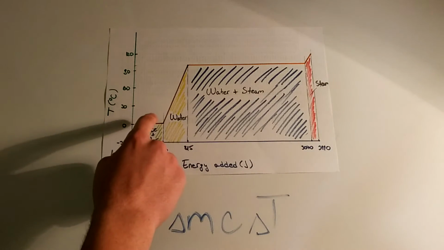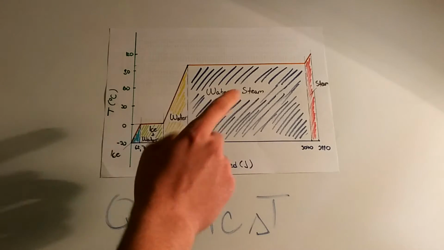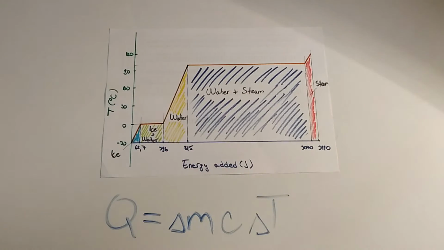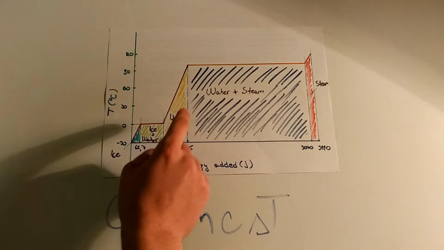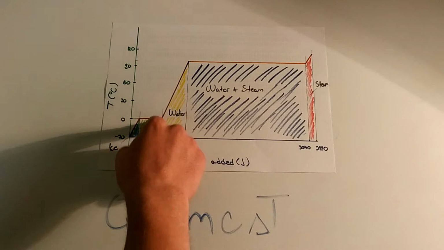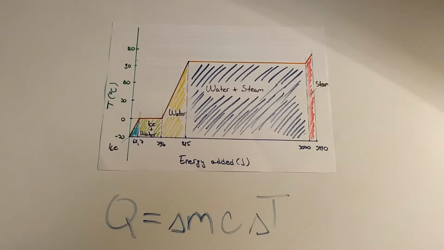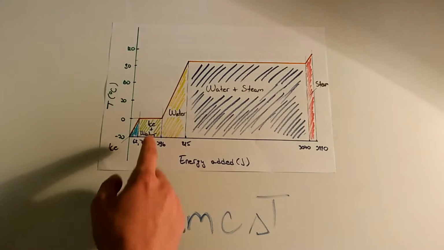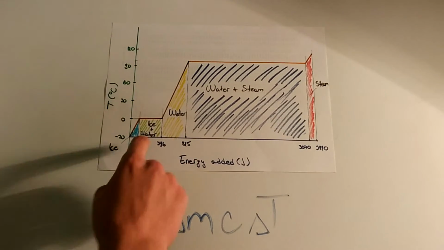Then, at 0 degrees Celsius, we have the melting of the ice. Here we have a phase change, so we don't have a temperature change, and we're adding heat to that system. Ice and water are in equilibrium, and we're converting ice into water.